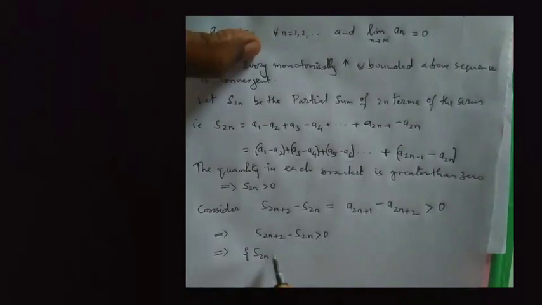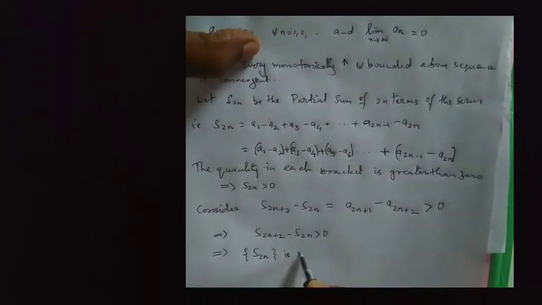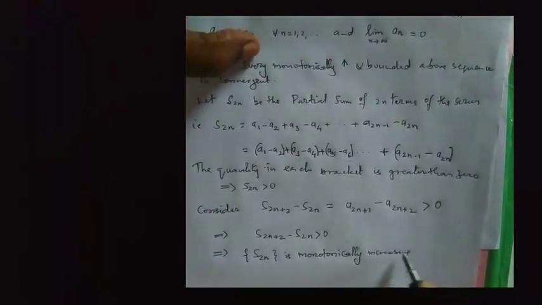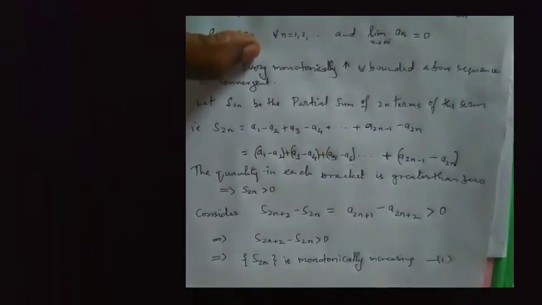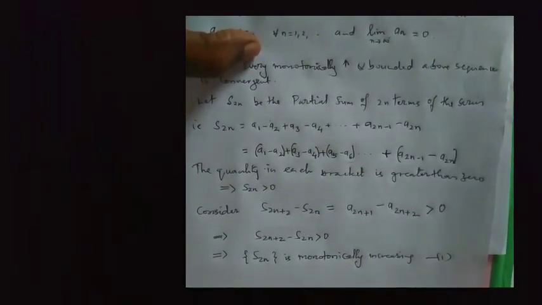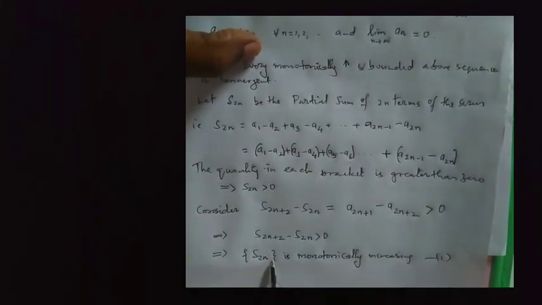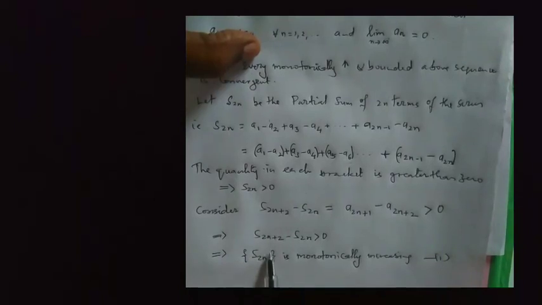This implies the sequence of partial sums S of 2n is monotonically increasing. Now if we show that this sequence is also bounded, then it is monotonically increasing and bounded, so that it will be convergent.